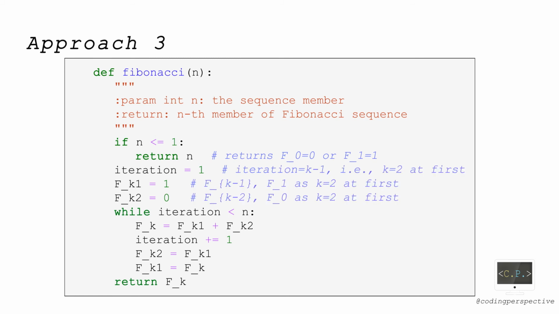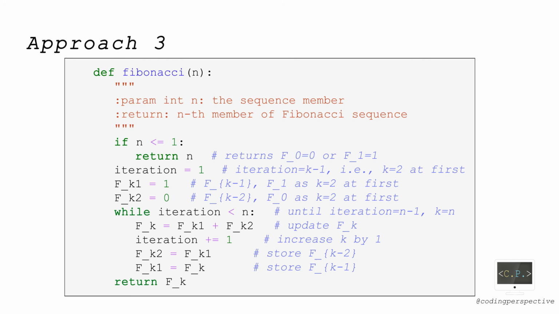As the iteration is basically k-1, in the first step, k equals 2, so that we start with f1 and f0. Then until we reach the nth iteration where we can obtain fn at the end, we update fk in each iteration and we increase the iteration number. Lastly, we update the last 2 sequence members, which we store in each iteration.